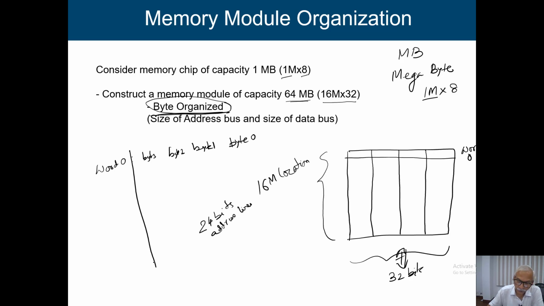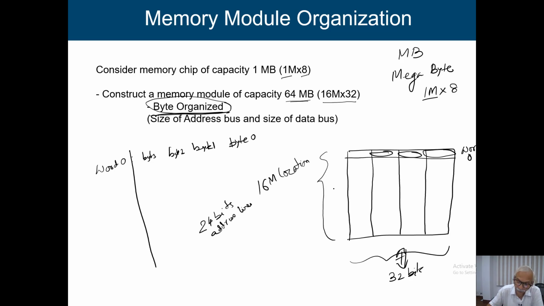Alright. Now when we say it is byte organized, we should have provision to access byte wise also. I can access byte 0, byte 1, byte 2 and byte 3. So it may happen that I am going to access the entire 32 bits. On the other hand, since it is byte organized, we are going to access one particular byte.